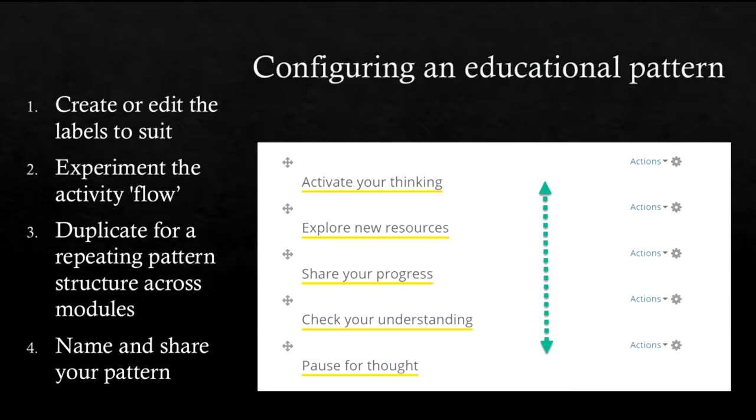So begin to build or enrich your pattern as well. And if you've got things that are working particularly well, why not name and share them through the activity bank, and then others can start to use them as well.